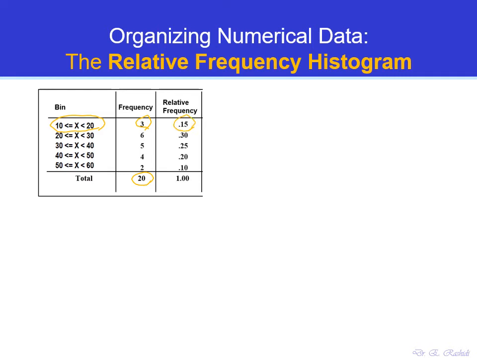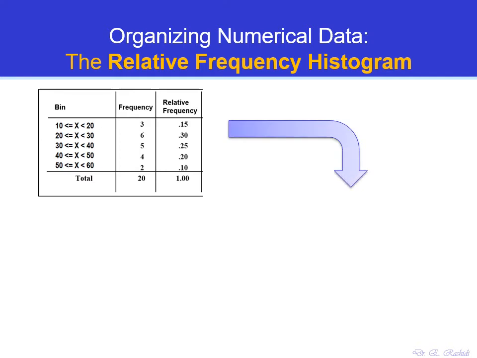For the next one, numbers between 20 and 30, the frequency is 6. The relative frequency would be 6 divided by 20. That would be 0.30. And we're going to continue this for all the numbers that we have, and they all should add up to 100%, or 1.